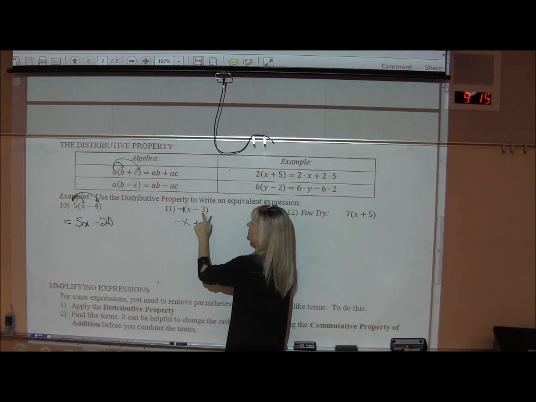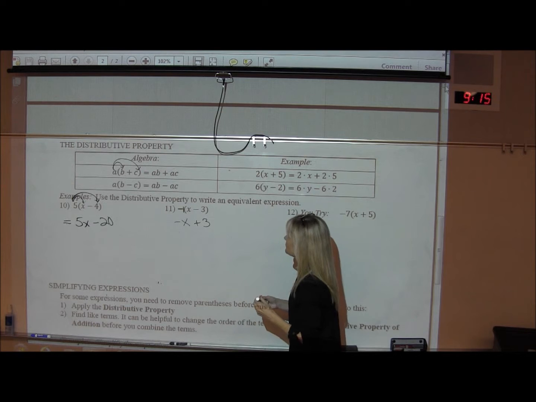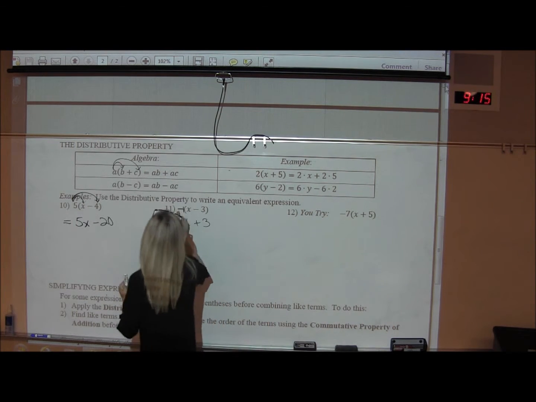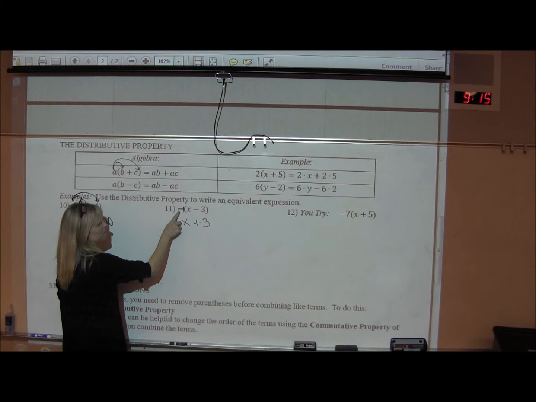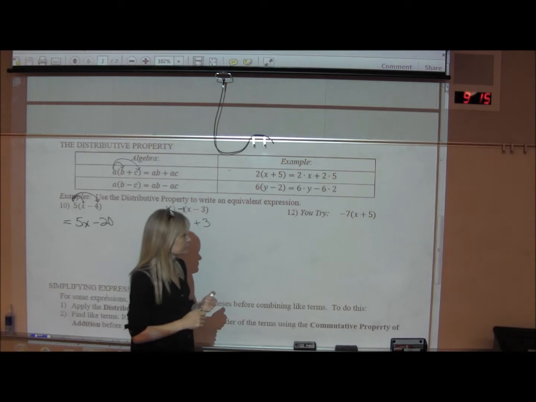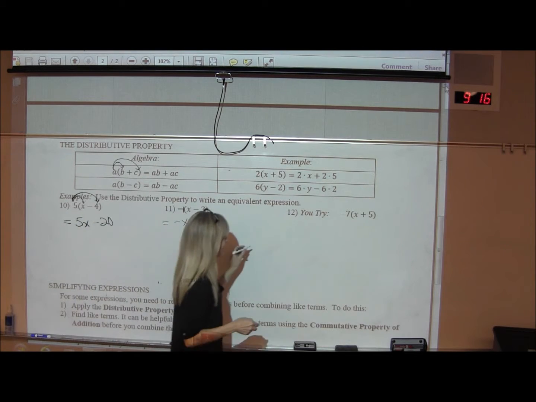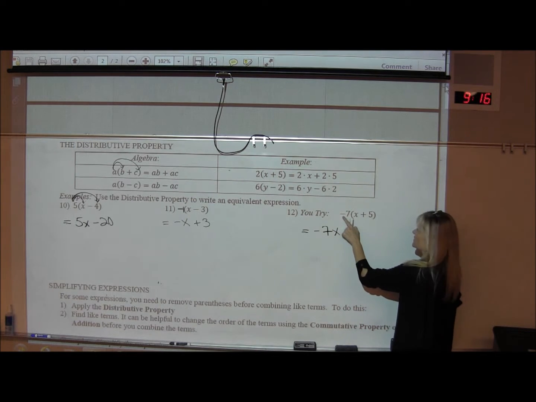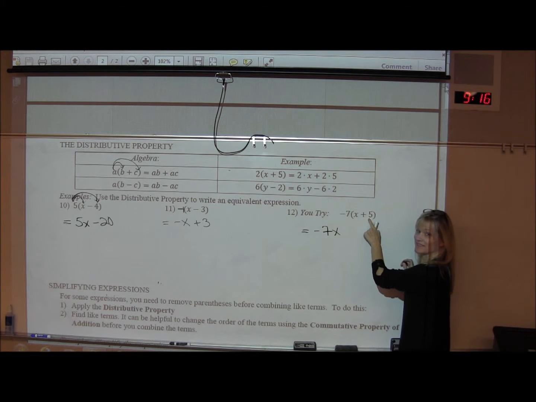So negative of negative 3 would be the opposite of negative 3. So we've got to remember if there's anything negative out here to distribute that negative. So you guys give it a try right here. I got negative 7x plus 35. Now it's a negative 7 times 5, so that's minus 35.